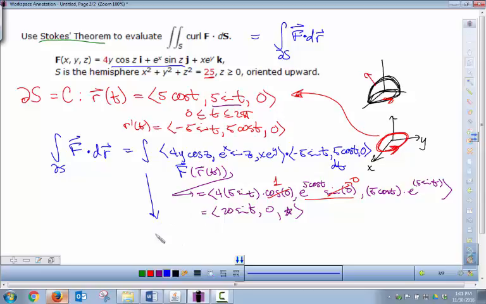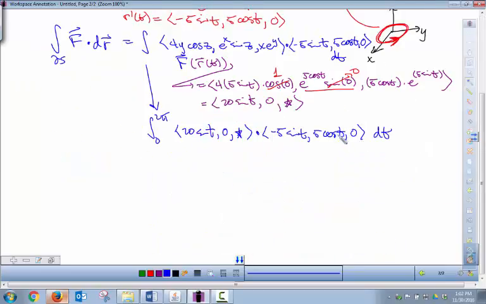So now let's rewrite this integral. Integral from 0 to 2 pi, 20 sine t, 0, and star dotted with minus 5 sine t, 5 cosine t, and 0. And so this last term disappears, the middle term disappears, so I have 20 times 5, that's negative 100, sine squared t dt.